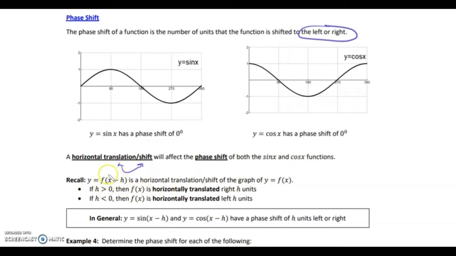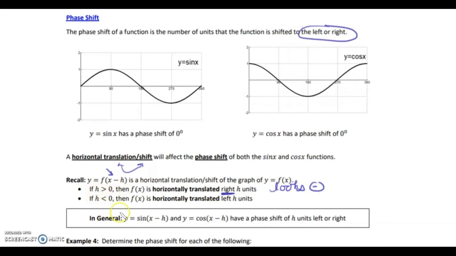Just as a recall, and we may be calling this d or h, that's fine, y equals f(x minus h) is a horizontal shift of the graph of f(x). If h is greater than 0, then it's shifted to the right h units. However, this looks negative.